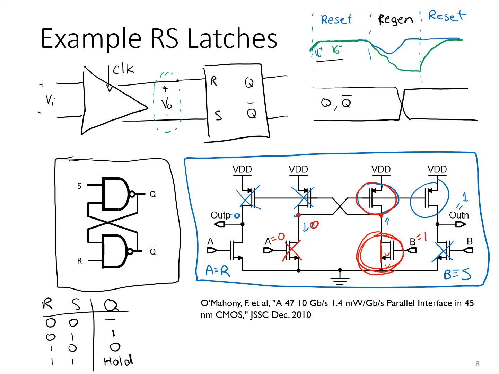It'll pull this node all the way down to ground, and that'll turn these pull-up transistors here on. That'll pull this node up to VDD. That'll then turn off these transistors, and then in steady state, there's no static power consumption. But again, temporarily, as the latch is transitioning, there's this additional flow of current.